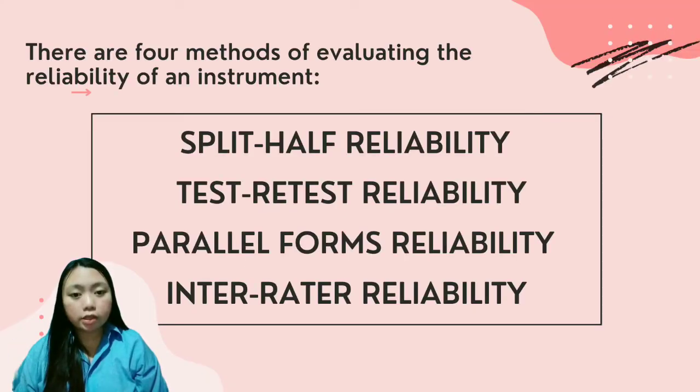So the four methods of calculating the reliability of an instrument are split half reliability, test retest reliability, parallel forms reliability, and lastly inter-rater reliability. I will be discussing the split half reliability and the parallel forms reliability.